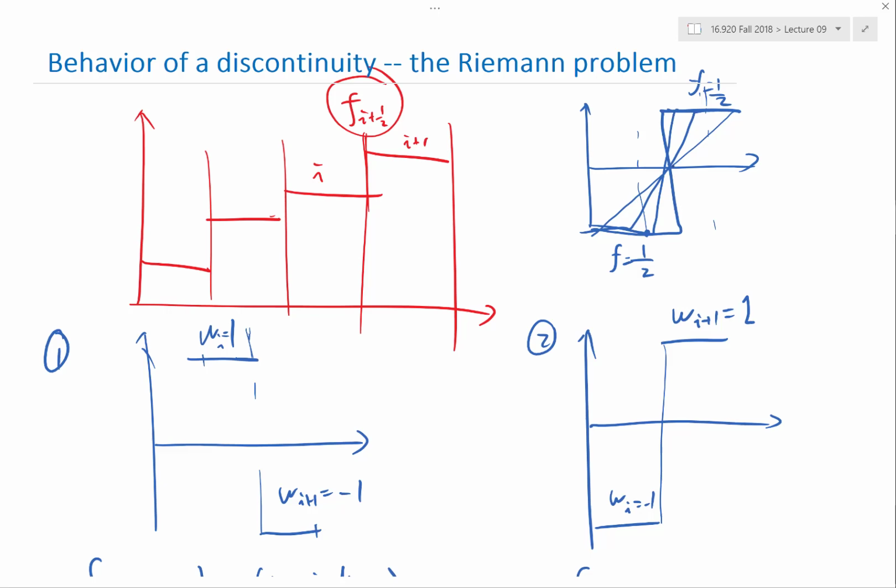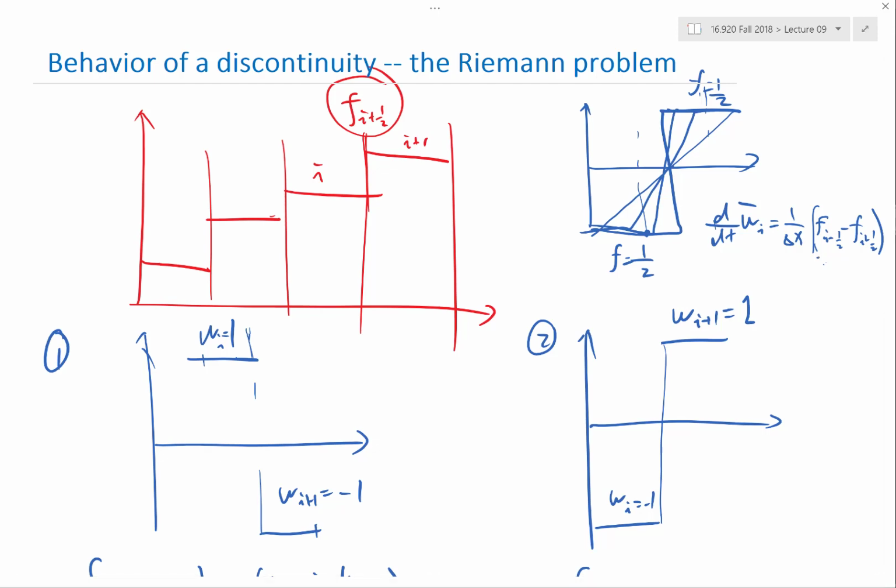Remember, d/dt of Wi bar, if I move the term to the right hand side, is equal to Fi minus half minus Fi plus half, right? So Fi minus half is going to be half, right?